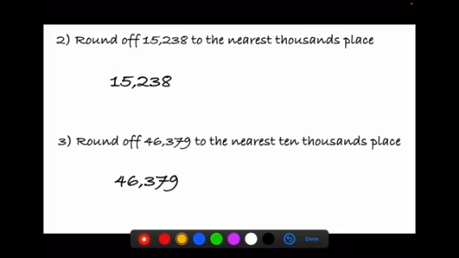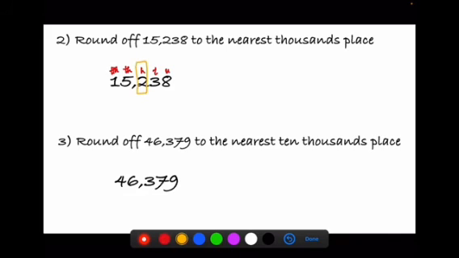Now round off 15,238 to the nearest thousands place. Children, here we are asked to round off to thousands place. Units, tens, hundreds and thousands place, correct? Now when we are asked to round off to nearest thousands place, we need to consider hundreds place here.